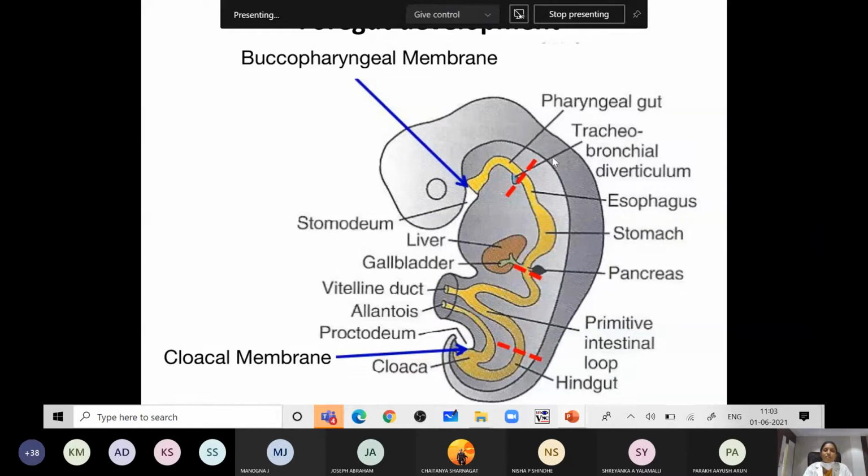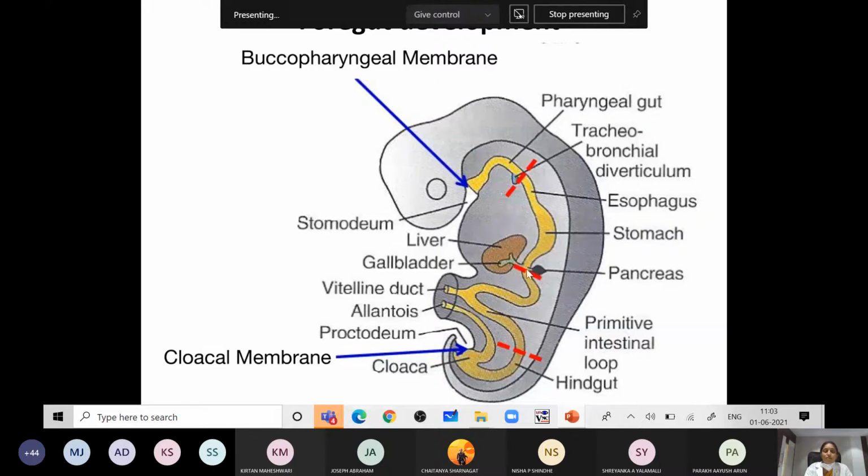So here we have the esophagus, the stomach, the liver, gallbladder, pancreas, and then part of the duodenum. The duodenum is divided into 4 parts.